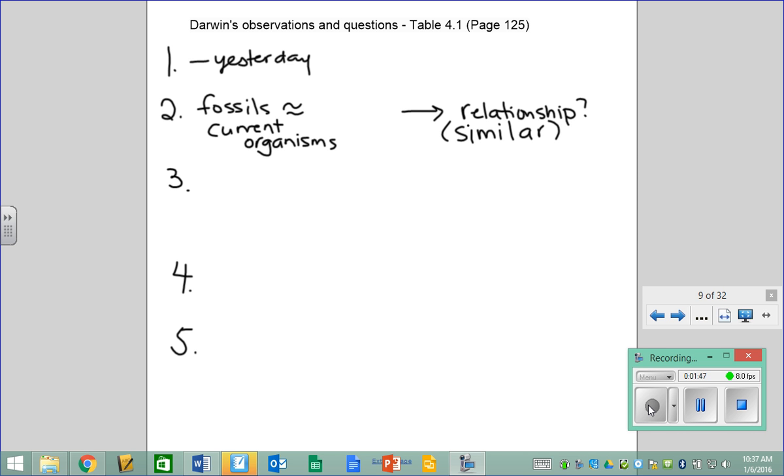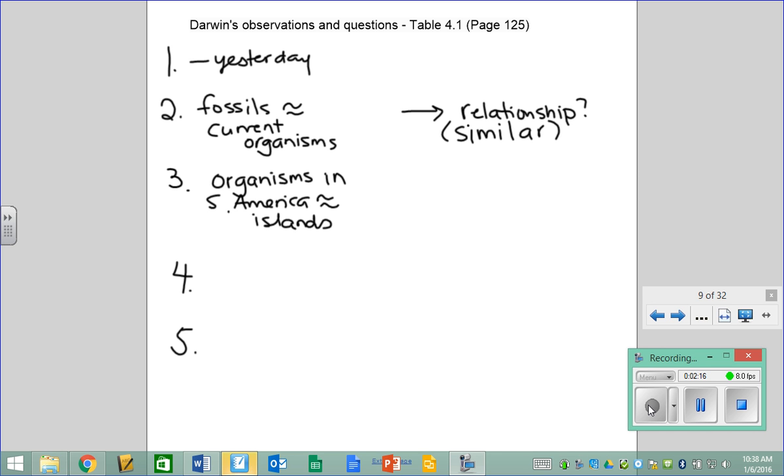The third thing that he found was that the organisms in South America were very similar to the ones in the islands that he was on. So it says, the finches and other animals Darwin saw on the Galapagos Islands closely resembled animals he had observed on the west coast of South America.